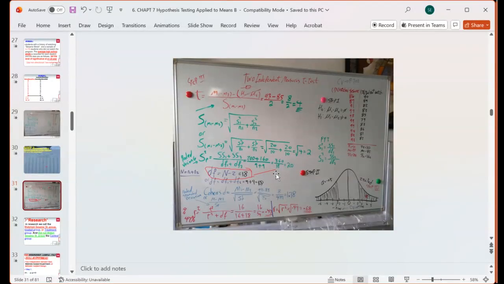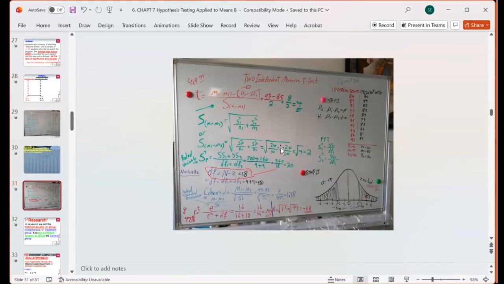And DF1 and DF2, or just DF total. DF total is 18, or DF1 is 9, that's 10 minus 1 and 10 minus 1, 9 plus 9, either way is 18. So 360 divided by 18 is 20, our pooled variance. You plug it in the formula on top, green.